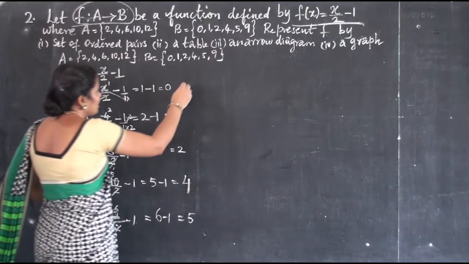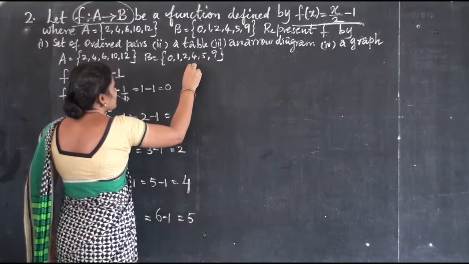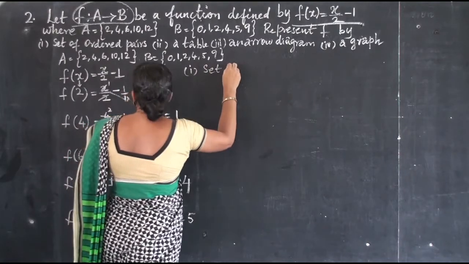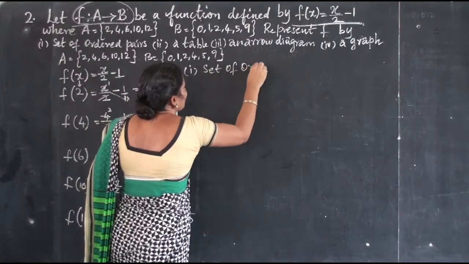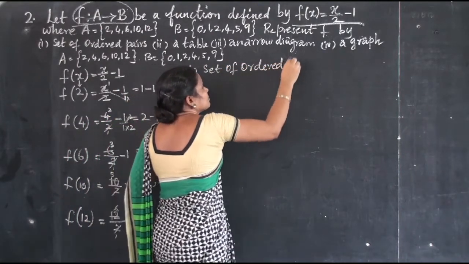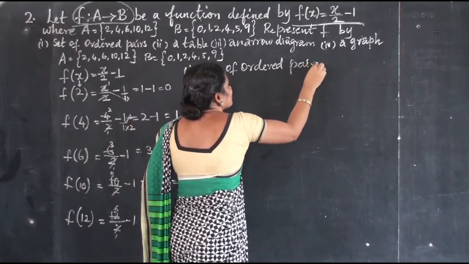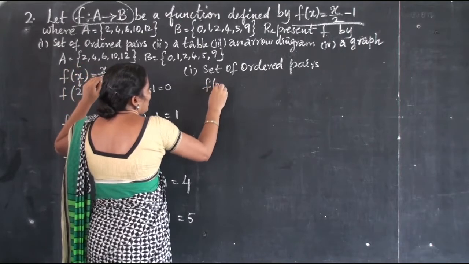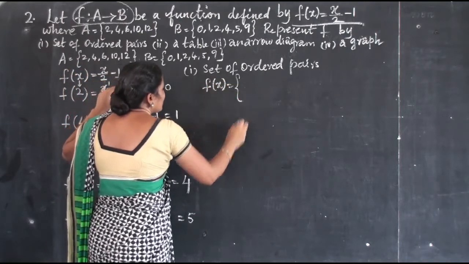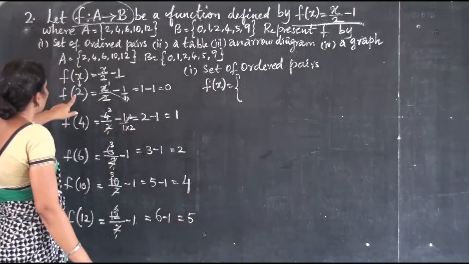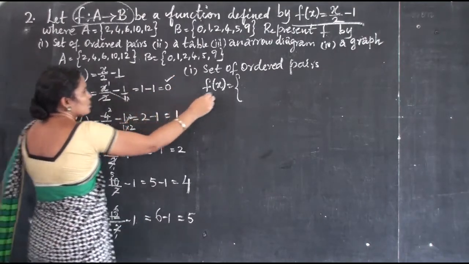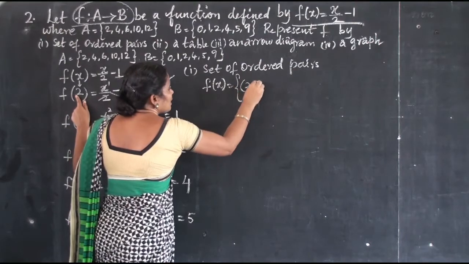Okay. Here, what we are asked to find first is the set of ordered pairs. What is a set of ordered pairs? A set of ordered pairs is nothing but writing all the elements in a set. It equals, within set brackets, for 2, 2 comma 0.